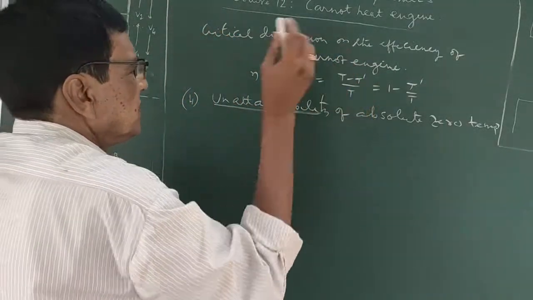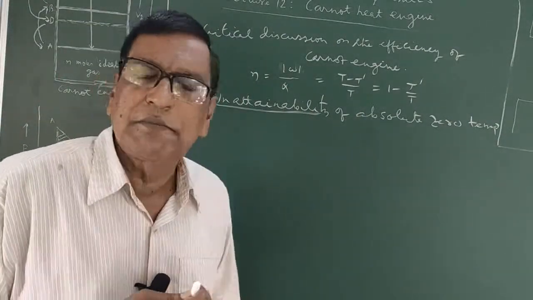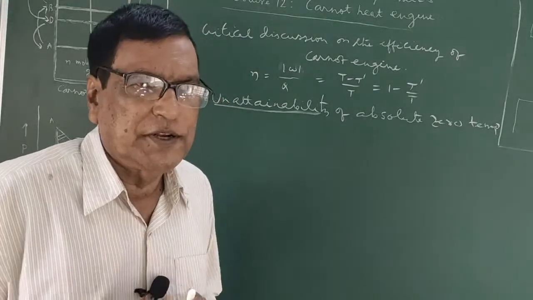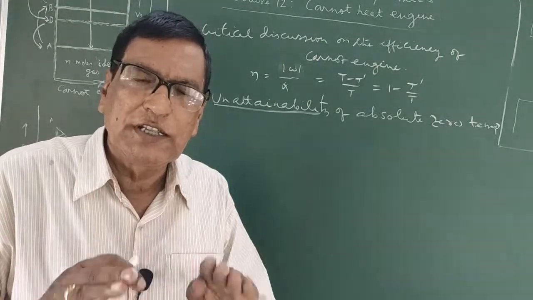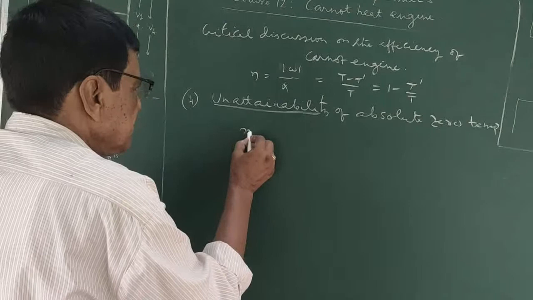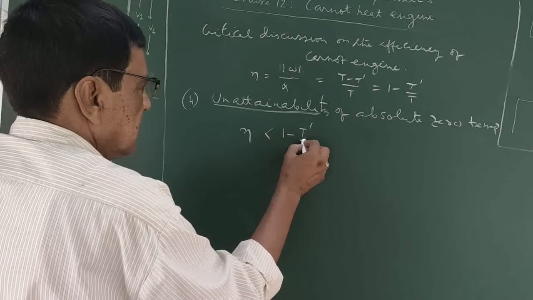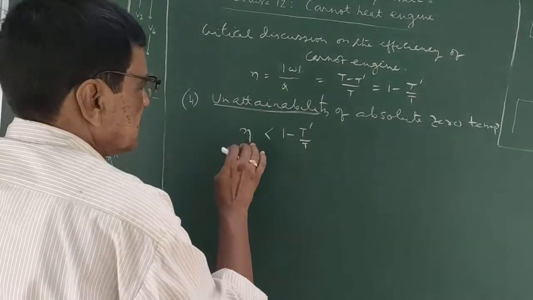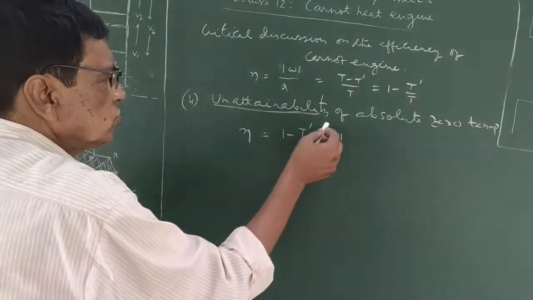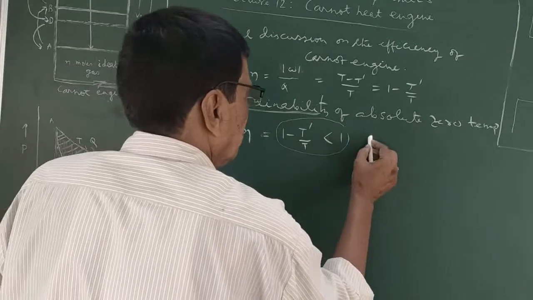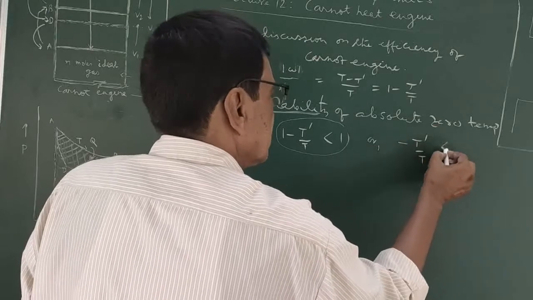From this relation, we can say the efficiency is always less than 1, as stated by the Kelvin-Planck statement. The Kelvin-Planck statement shows that the efficiency must always be less than 1. So this efficiency must be less than 1, that is, 1 minus T dash by T is always less than 1. So by a mathematical way, we can say that minus T dash by T is less than 0.